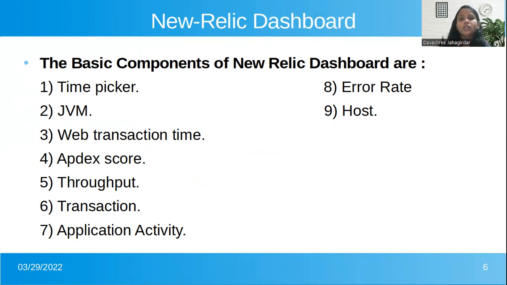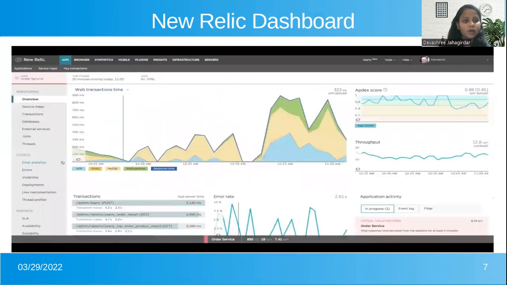Now we'll see the components of the New Relic dashboard. The New Relic dashboard contains time picker, JVM, web transaction time, Apdex score, throughput, transaction, application activity, error rate, and the host. We'll see them one by one. What do they mean? Here we can see the time picker on the top left, right?